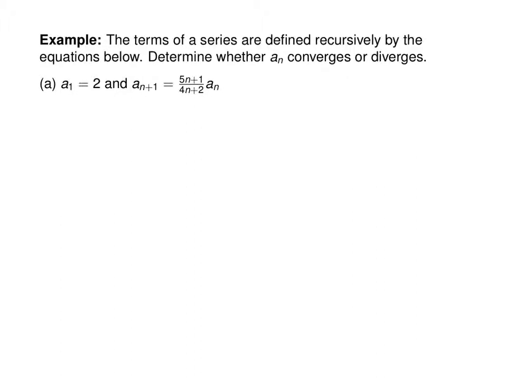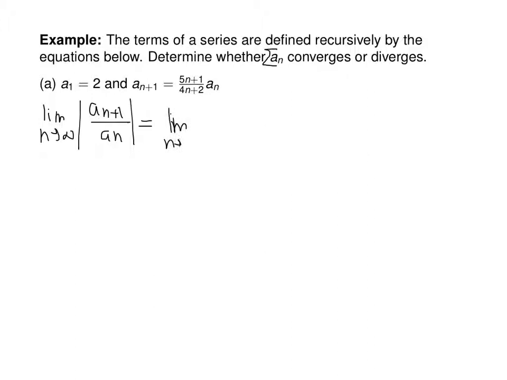The terms of a series are defined recursively by the equations below. Determine whether the sum of the a sub n's converge or diverge. So here we'll find the limit. We'll use the ratio test. a n plus 1 over a n.